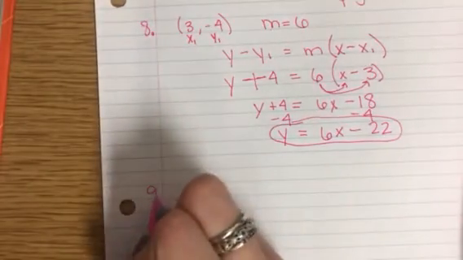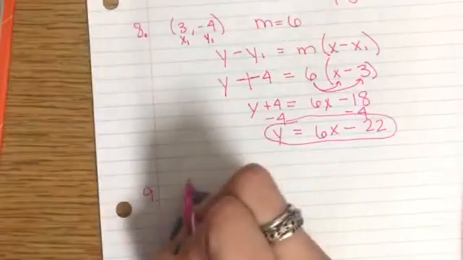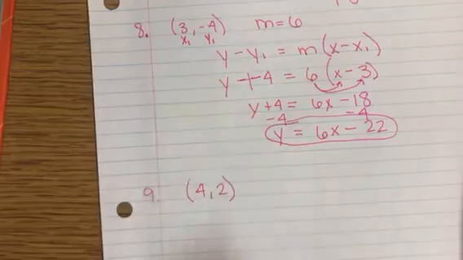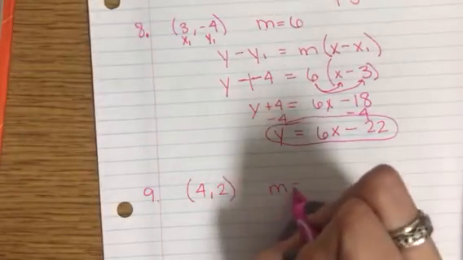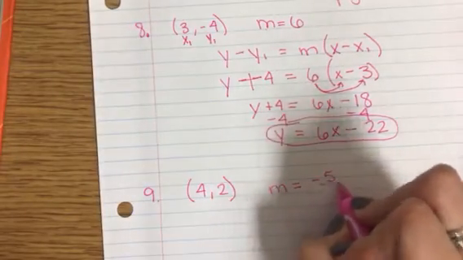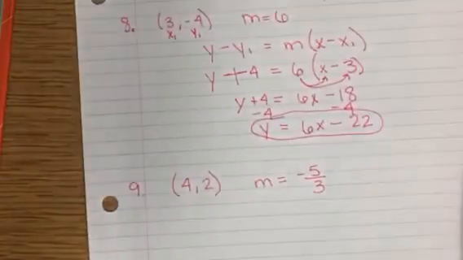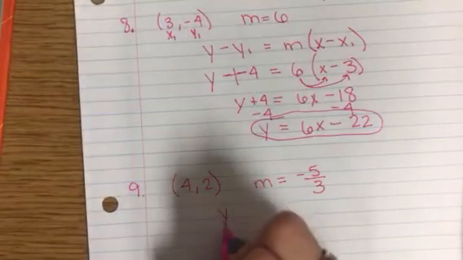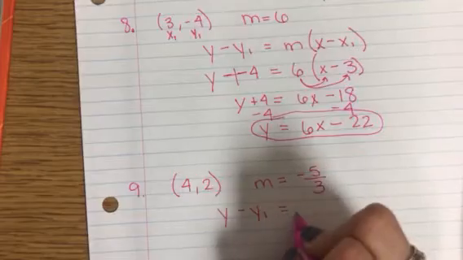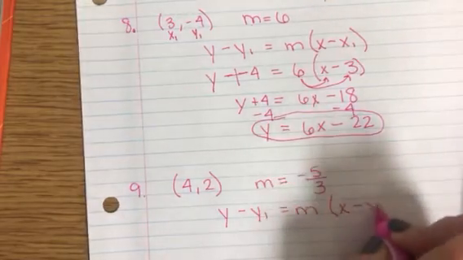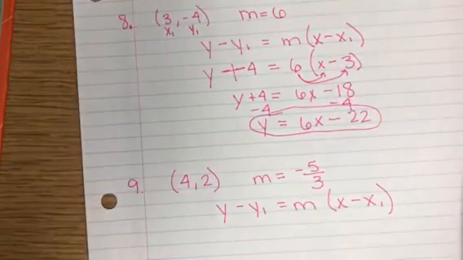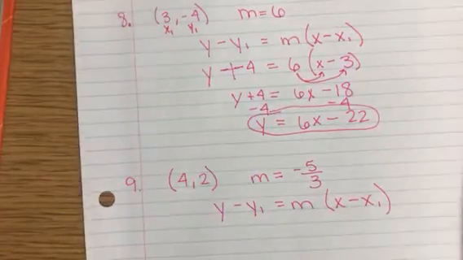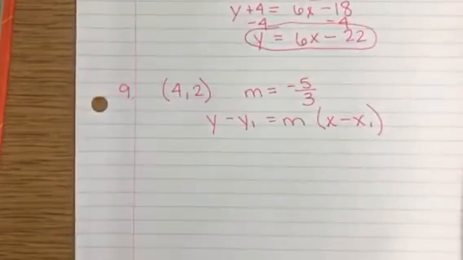Number 9 gives us a point of (4, 2) and a slope of negative 5 over 3. So again, we have a point and we have a slope, so we should be plugging into point-slope form.